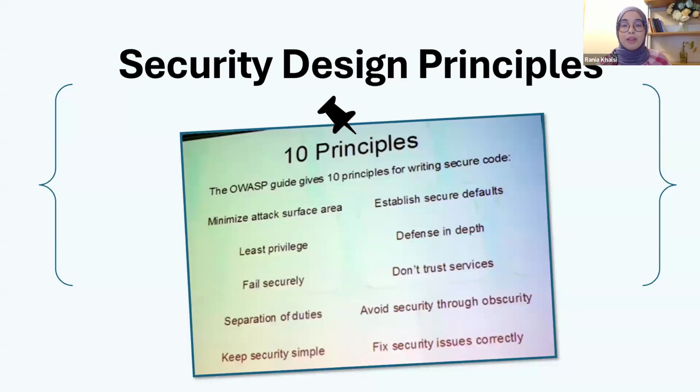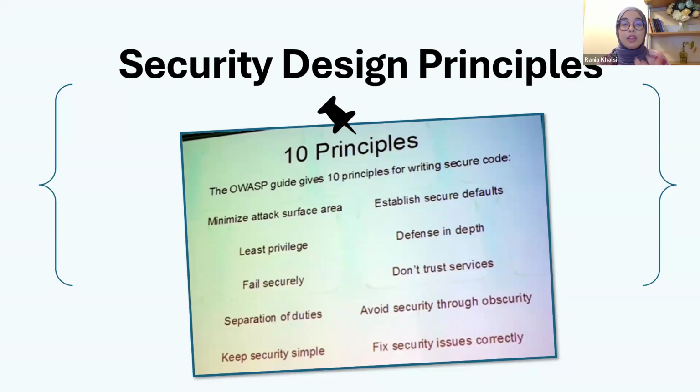So before we dive in, I want to pause for a moment and explain how I'm going to approach these security design principles. These principles come from OWASP, and OWASP stands for the Open Worldwide Application Security Project.